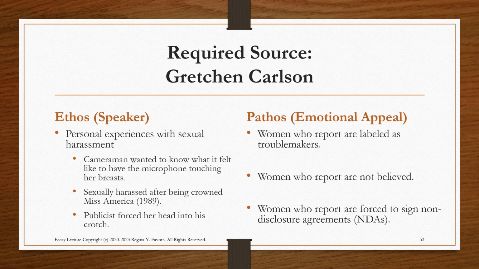She was sexually harassed after being crowned Miss America, and then a publicist forced her head into his crotch. So if she's speaking on this issue of sexual harassment, she is providing 3 major examples of when she experienced sexual harassment. So that makes her credible as a speaker, or her ethos is credible.